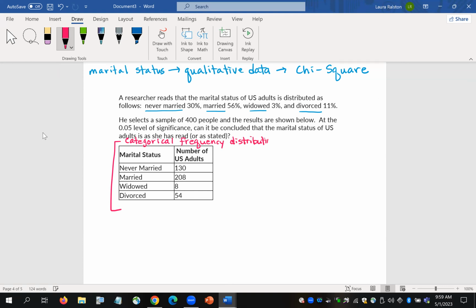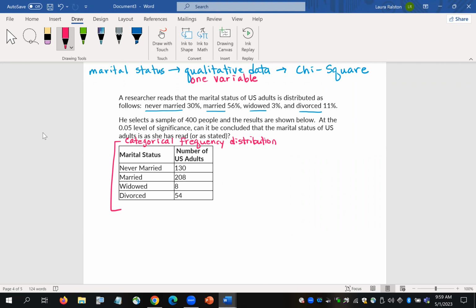I also notice that I only have information on a single variable. The only information I have is related to marital status. It's not broken out into gender. It's not broken out by age. It is simply the marital status of 400 people.